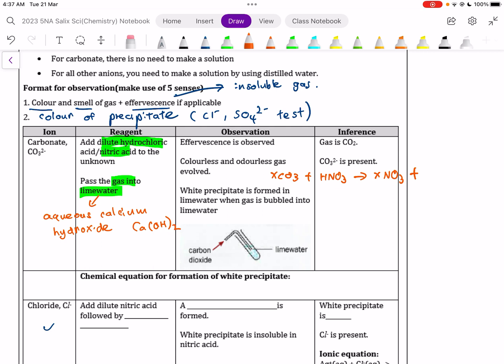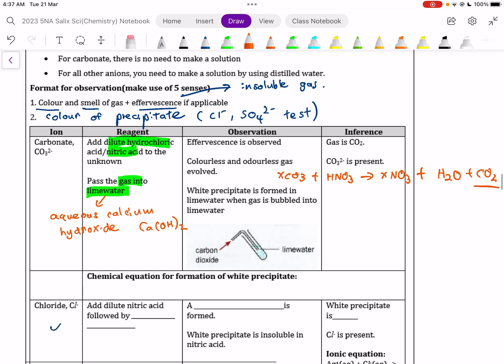I'm more interested in the anion in this case, anion test. Then you get carbon dioxide gas. Acid plus carbonate gives carbon dioxide, salt, and water. You have effervescence because carbon dioxide is not very soluble in water, a colorless and odorless gas. And then you'll get a white precipitate formed in lime water.